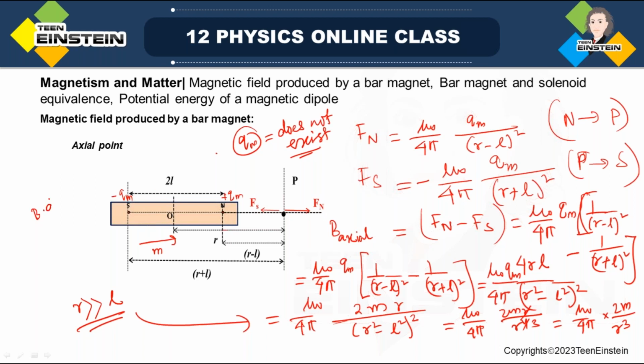There we'll see B dot ds will be equal to 0. This means magnetic monopole does not exist. So that we'll see.